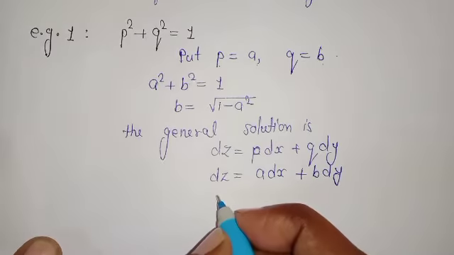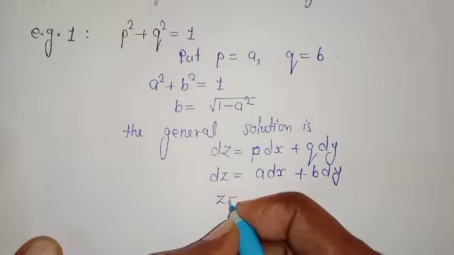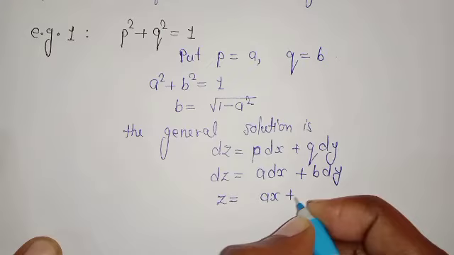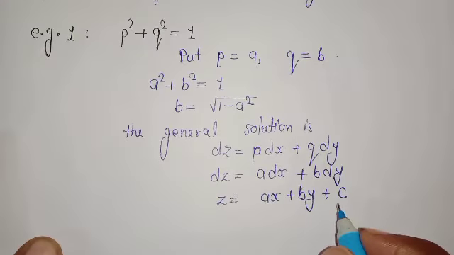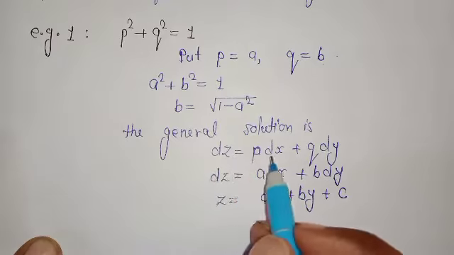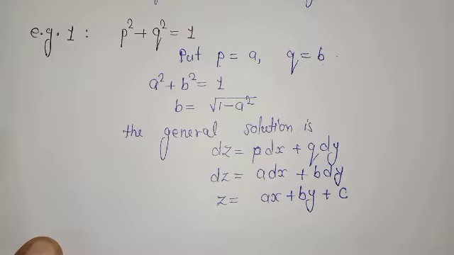That is, if we integrate it, it becomes z equals ax plus by plus the integrating constant c. So we got the same value. I just want to show you how it is obtained.